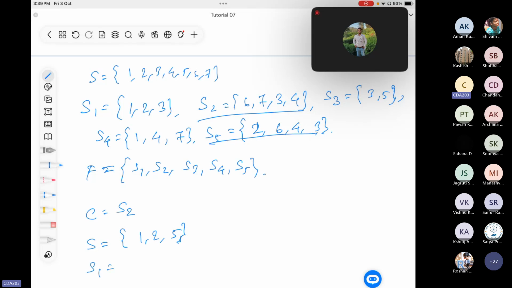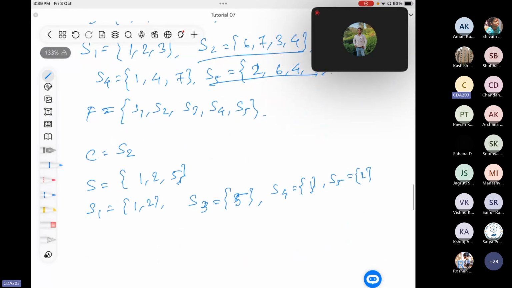And my S1 just needs to subtract the elements, so it is 1, 2. S3 is 5. S4 is 1. And S5 is 2.